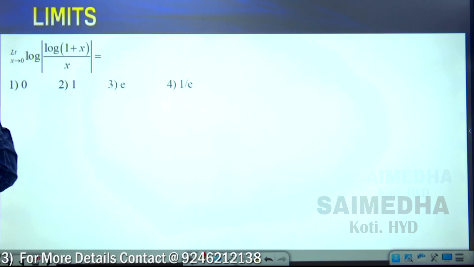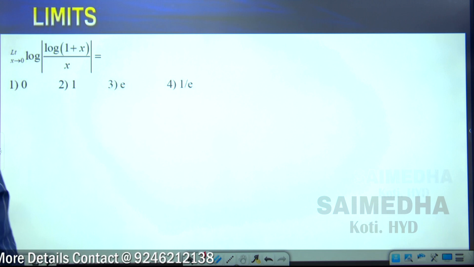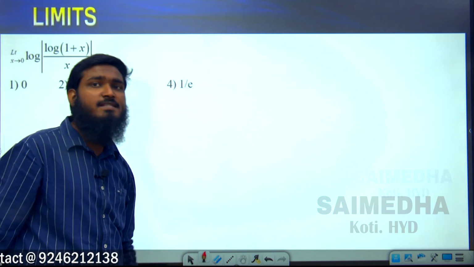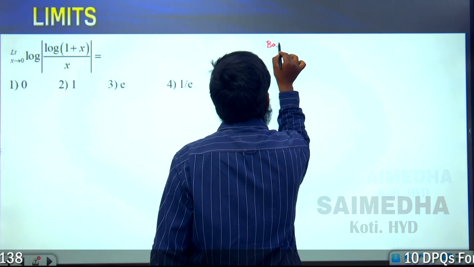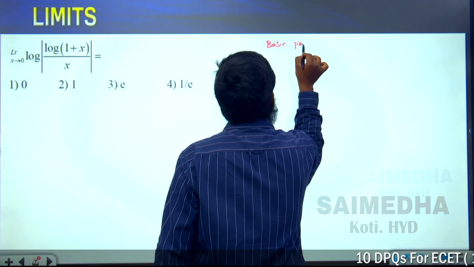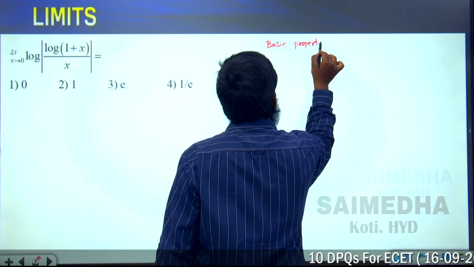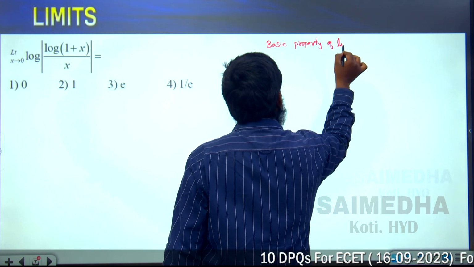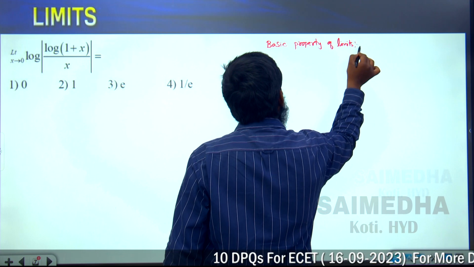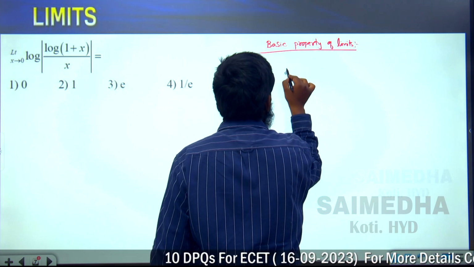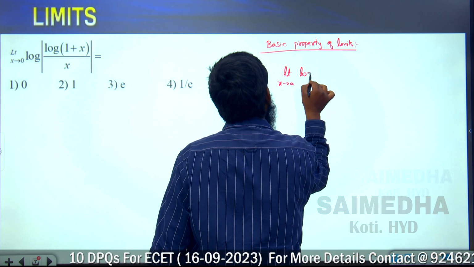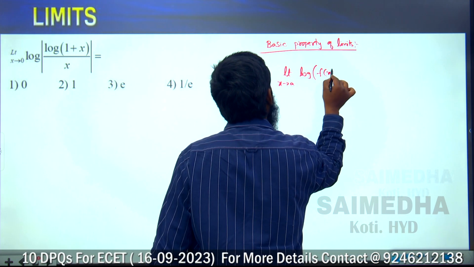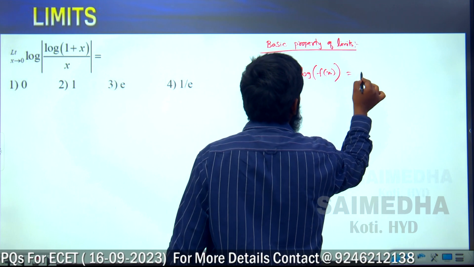Limit x tends to 0, log(1 plus x) divided by x. So we are having one of the basic properties of limits over here. Whenever we are having this case, limit x tends to a, log of f of x, what we have to do?